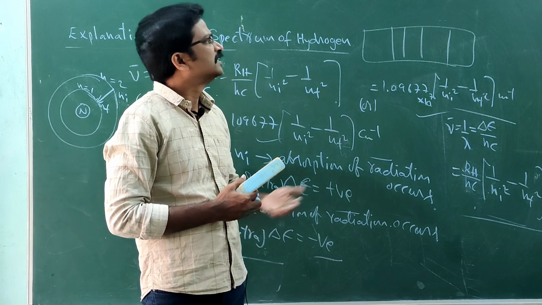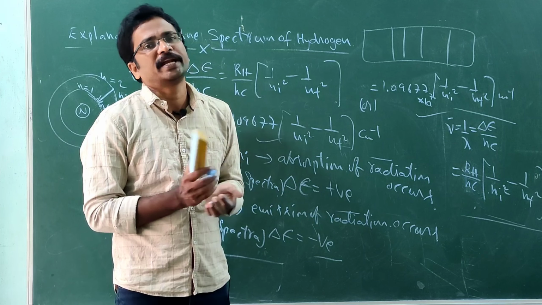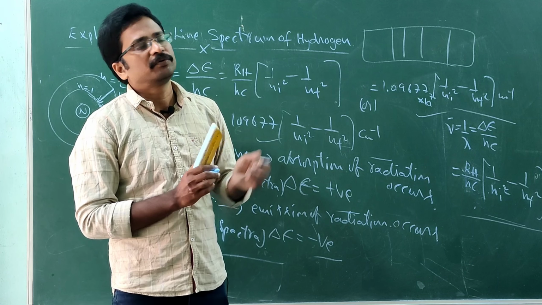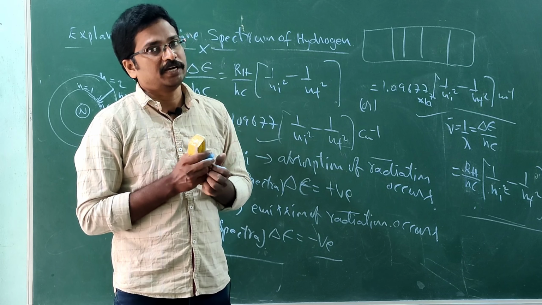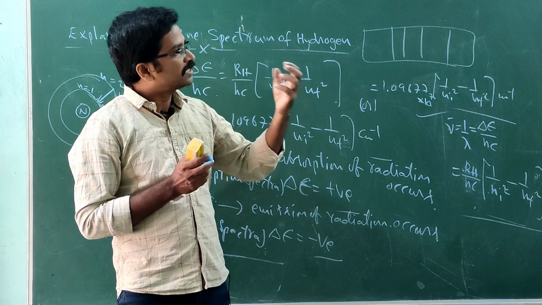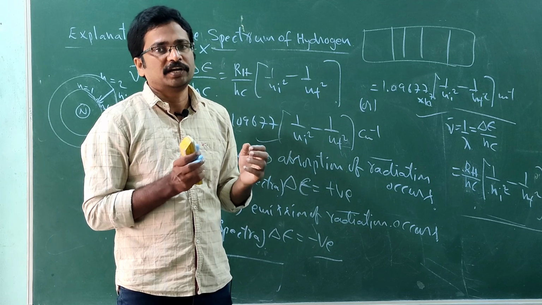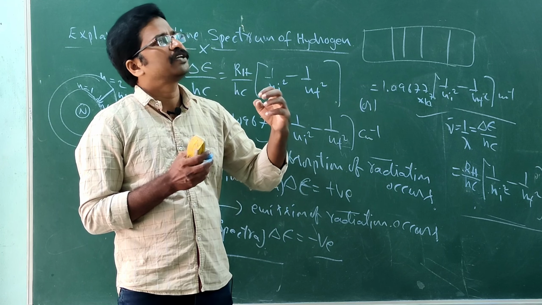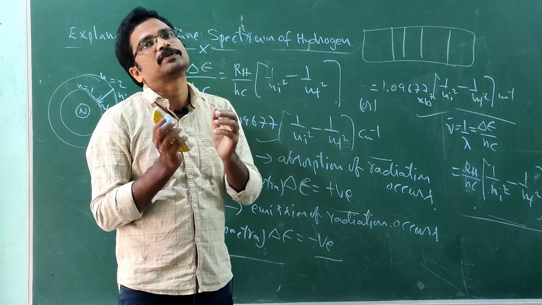If you are taking a hydrogen sample, there are so many hydrogen atoms. We cannot take a single hydrogen atom, we take a lot of hydrogen atoms. Energy is absorbed by these atoms. One hydrogen atom absorbs a certain energy, another may absorb a different energy.